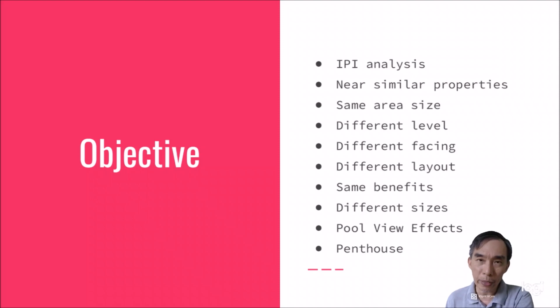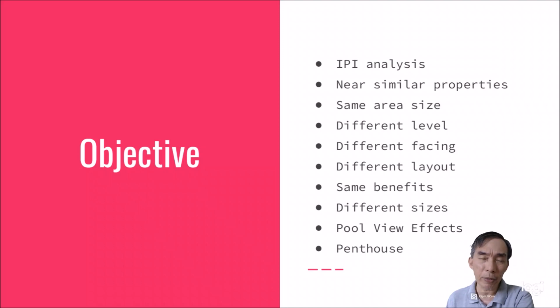It may be the same layout, meaning the same number of rooms, bathrooms, and car parks, but you may have different facing and different sizes as well. So there are variables that allow permutations of layout, sizes, and level, and that's why the comparative index is able to calculate an index figure for us to clearly see the benefits.